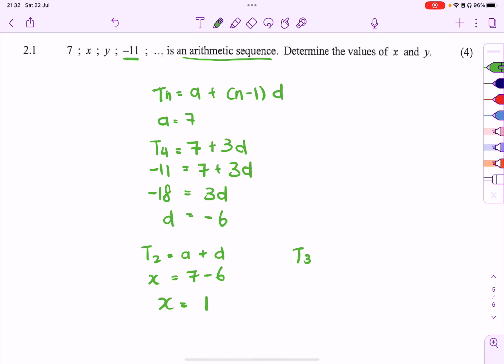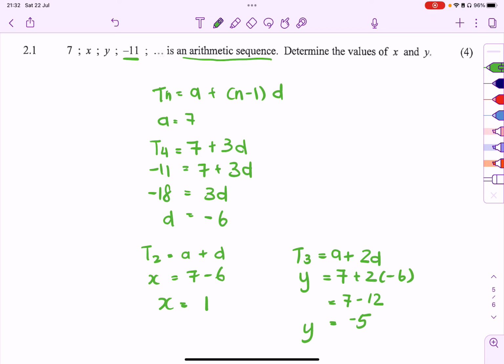T3 is equal to a plus (3 minus 1), which is 2, times d, and that is equal to y. y is equal to 7 plus 2 times minus 6. Here we get 7 minus 12. And we get our final answer: x is equal to 1 and y is equal to minus 5.